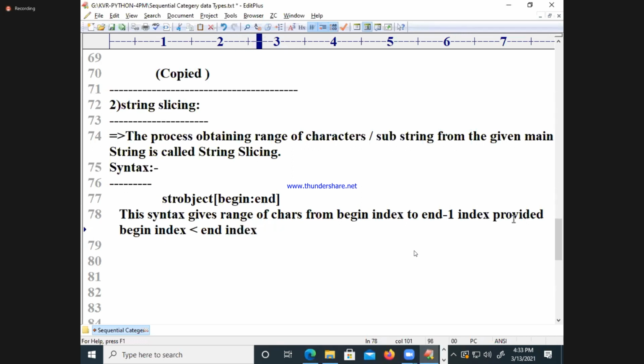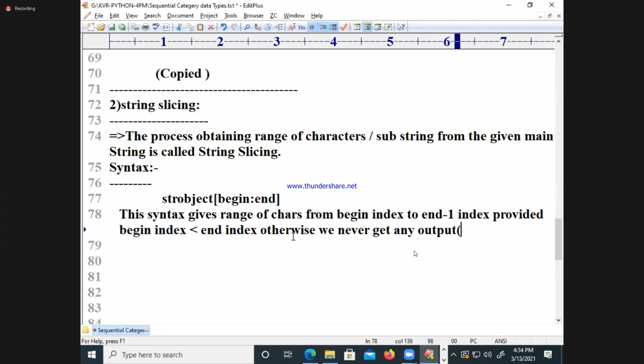This is a very, very important condition. Provided this condition is satisfied, then only this will be applied. Otherwise, we never get any output.